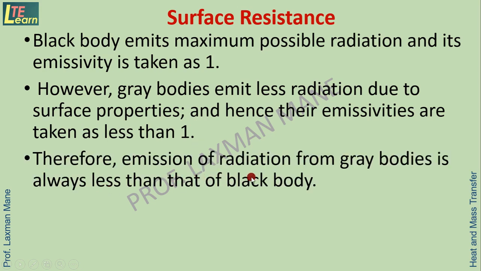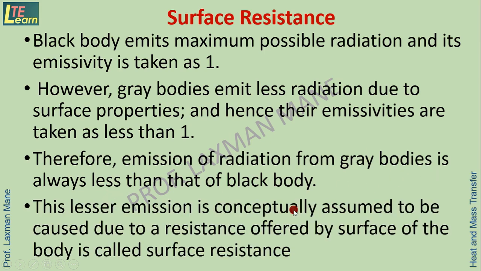Therefore, emission of radiation from gray bodies is always less than that of a black body. This lesser emission is conceptually assumed to be caused by resistance offered by the surface of the body, which is called surface resistance.